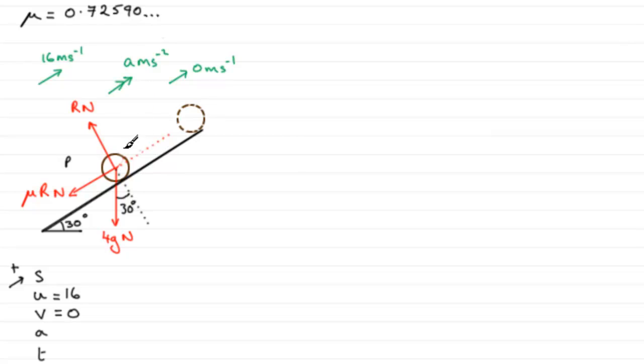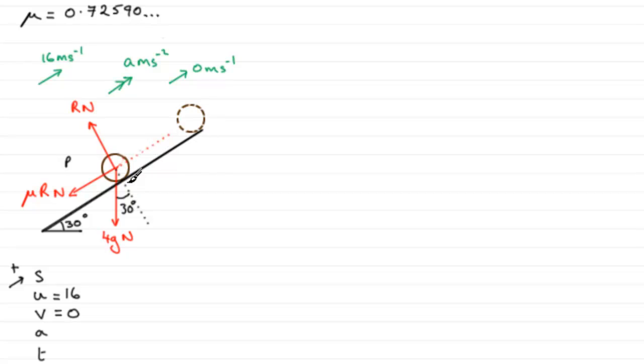Now in order to resolve up the plane, I can see that we're going to involve R. So in order to get R, because it's changed, we're going to need to resolve perpendicular to the plane. So that's essentially what we're going to have to do.